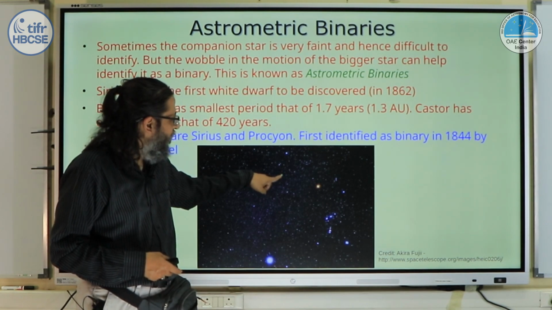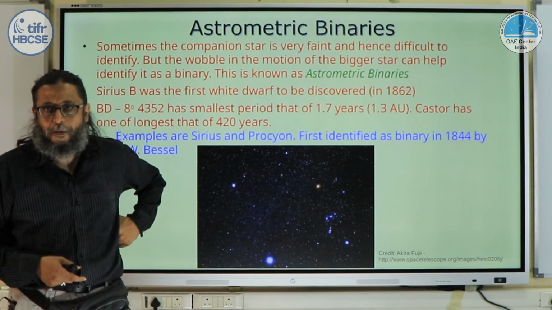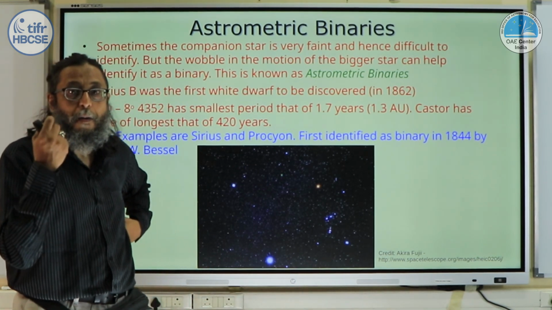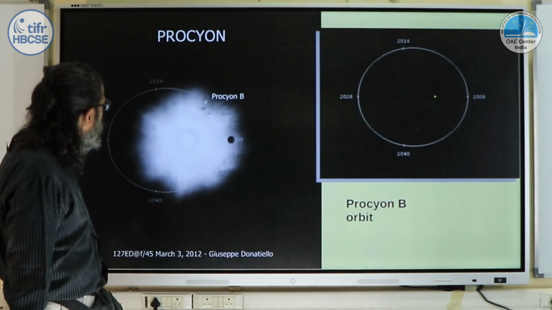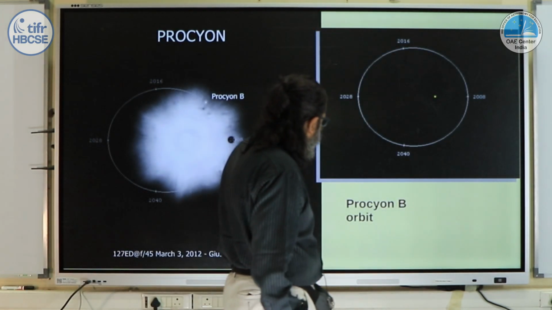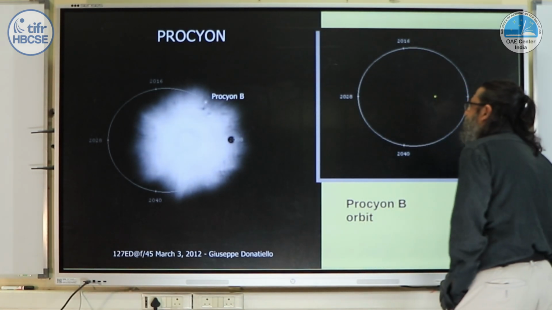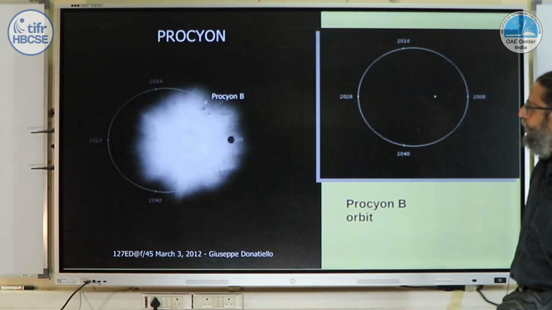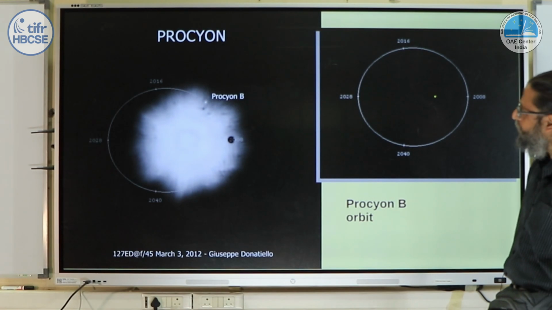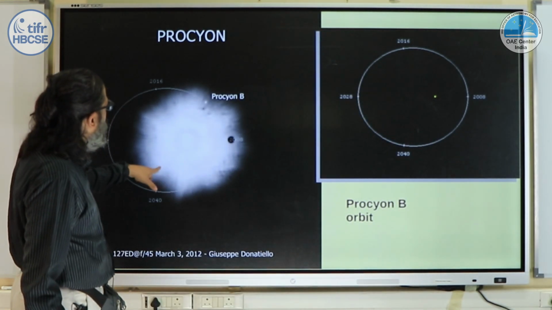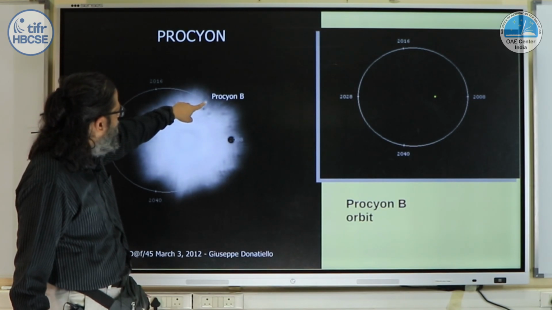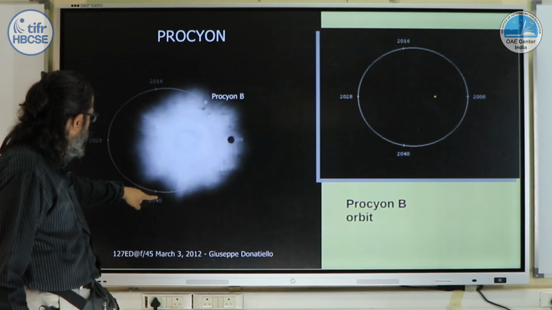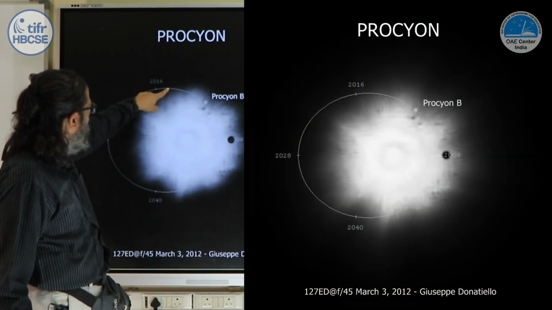But this is one such system where you can see an astrometric binary at work. Now, these are examples of astrometric binary. So we are looking at Procyon. This is your Procyon, and you can see Procyon B has an orbit like this.